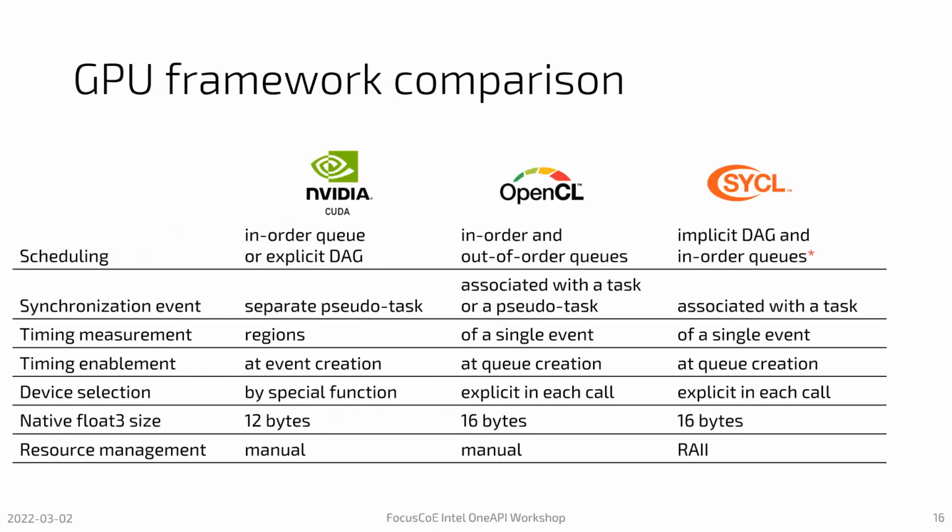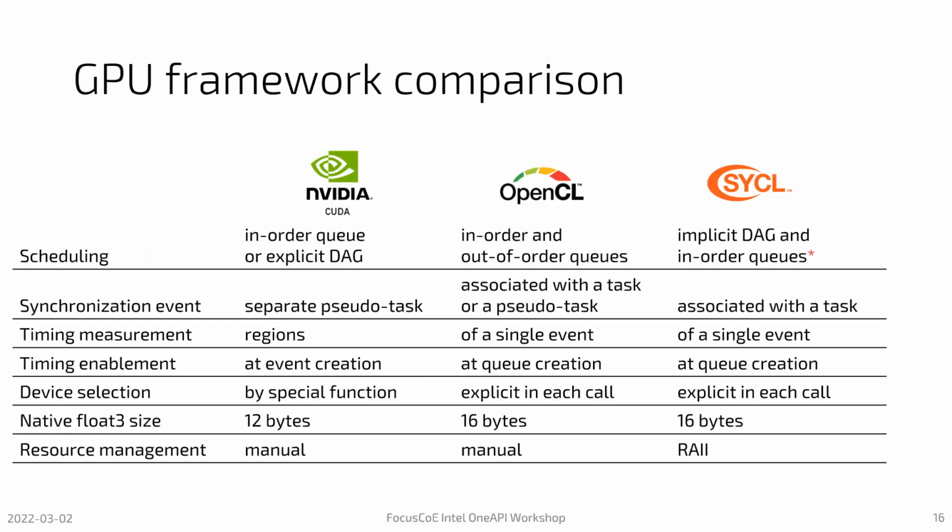We look at how the GPU frameworks are structured. In CUDA, we have as a primary method for organizing GPU work the in-order queue. There's also support for explicit graphs, CUDA graphs, but we are not using them currently in GROMACS.